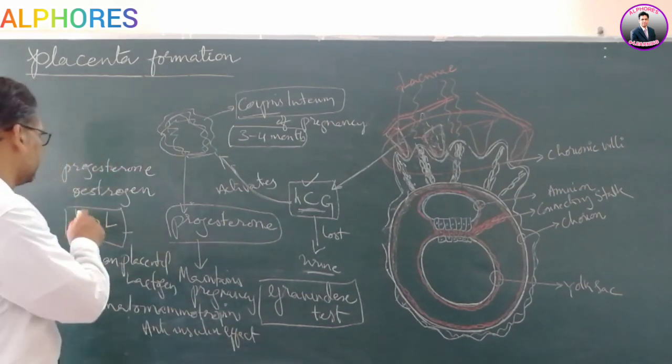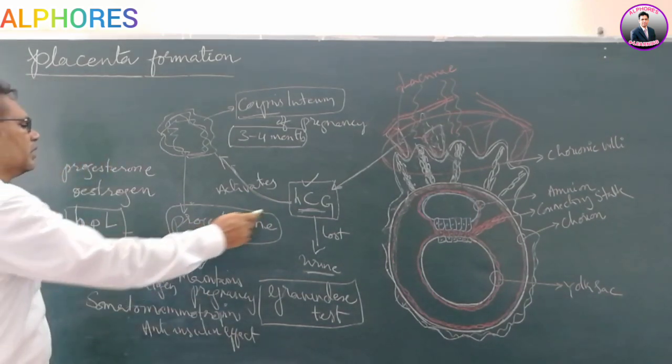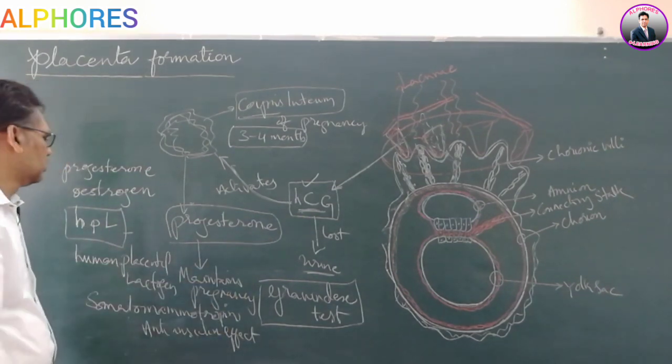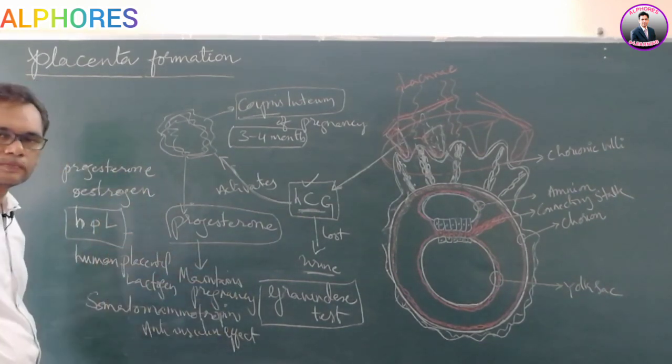Okay. Now this is HPL, human placental lactogen, HCG, human chorionic gonadotrophin, progesterone, estrogen.